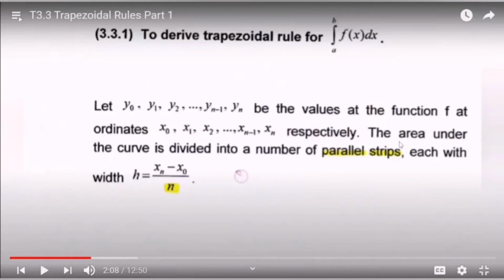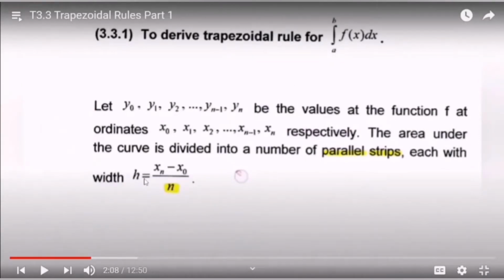So the area under the curve is divided into a number of parallel strips. So untuk trapezoidal rule, maksudnya integration yang you dapat ini, you tak boleh buat dengan direct method, substitution method, by parts atau partial fraction. Dengar, tak boleh nak buat. Maksudnya you tak boleh nak integrate. That's why you guna trapezoidal rule. Okay? Ya?